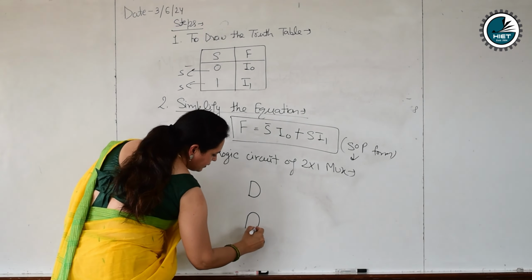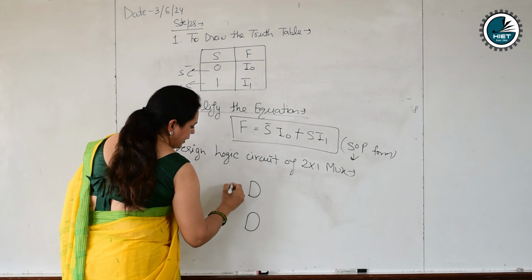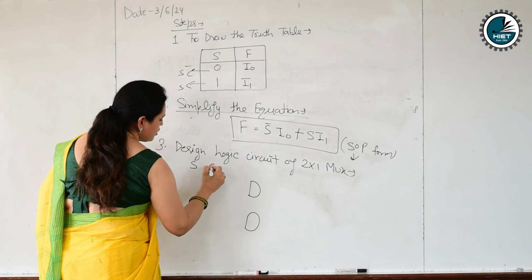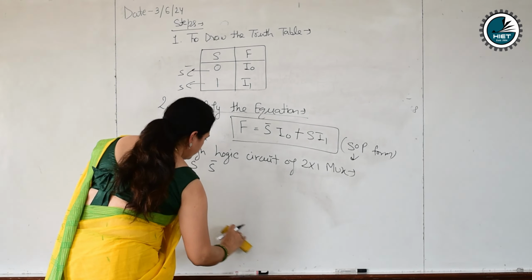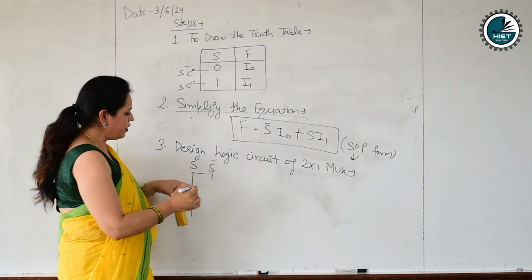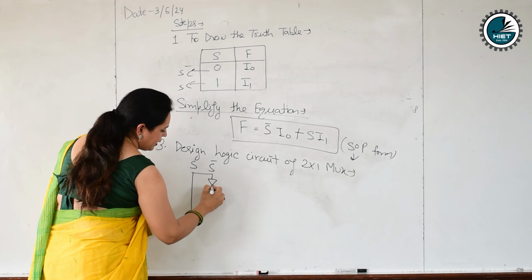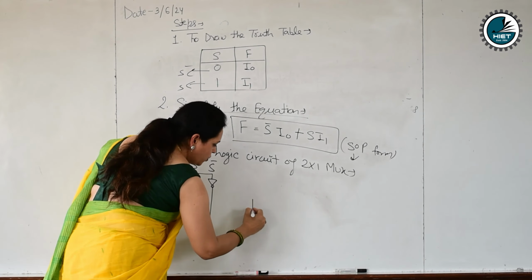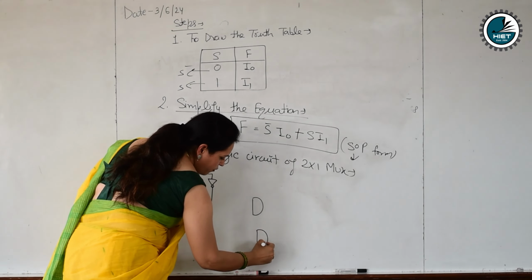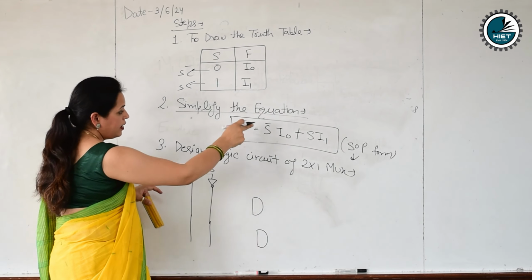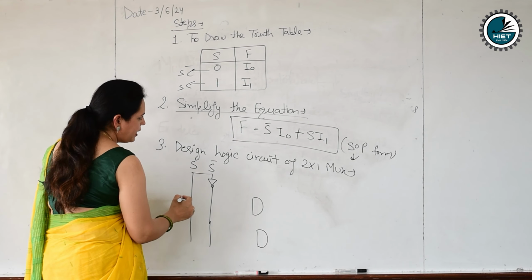2 AND gates. These are the AND gates, and the inputs, this is for S and this is for S bar. When we apply S bar, then we have to use the NOT gate. This will give you S and this line gives you S bar. And 2 AND gates we are using here, and inputs I0 and I1.